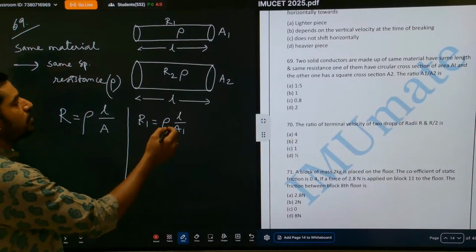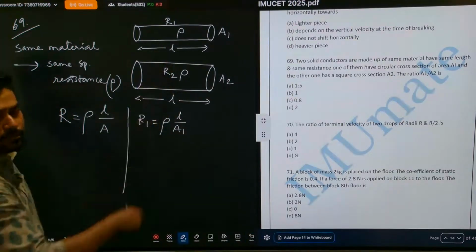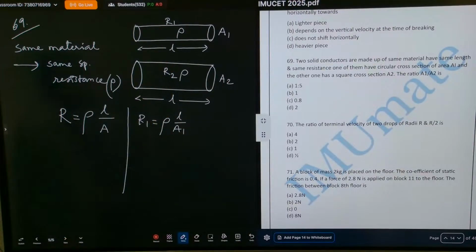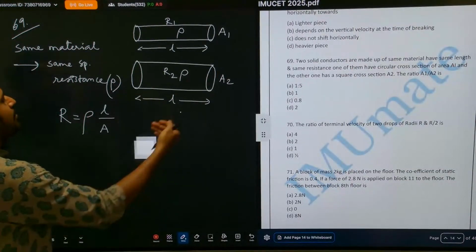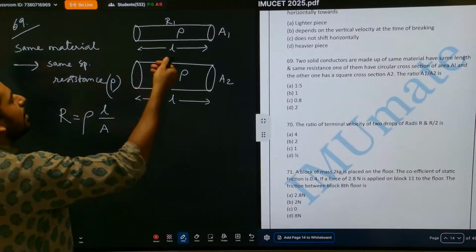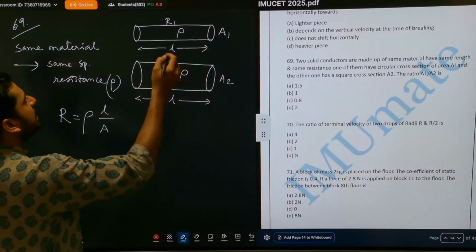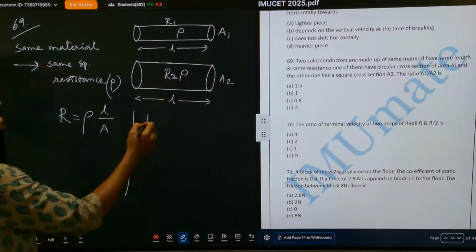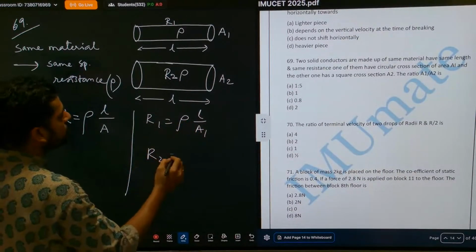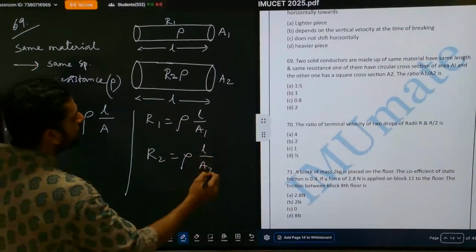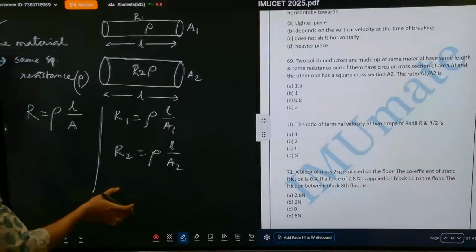Rho is the same, na? R1 is equal to R2 as given in the question, same length and same resistance. That is why I am using this. What is R1? Rho into L by A1. What is R2? Rho times L by A2. Now divide these two.